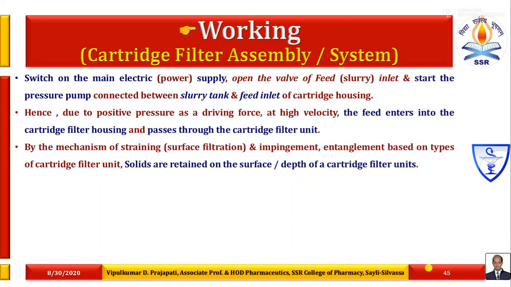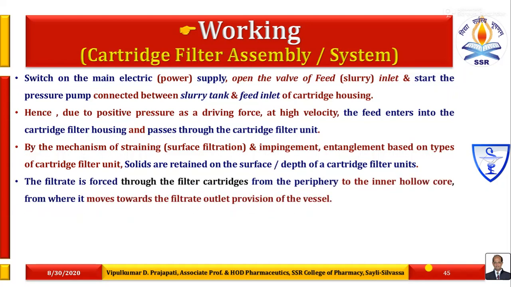By the mechanism of straining, meaning surface filtration, followed by impingement and entanglement based on the type of cartridge filter unit, solids are retained on the surface as well as in the depth of the cartridge filter units.